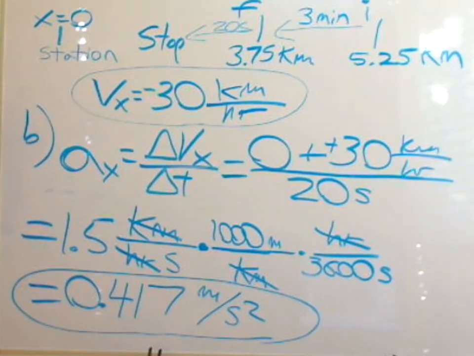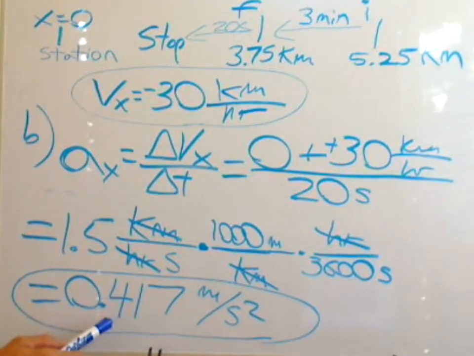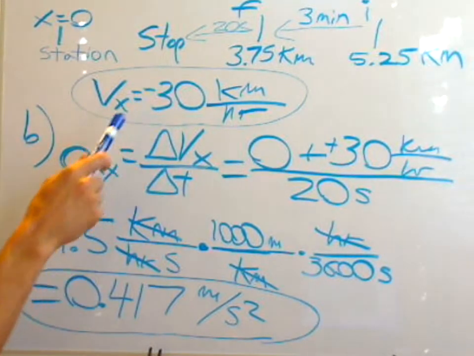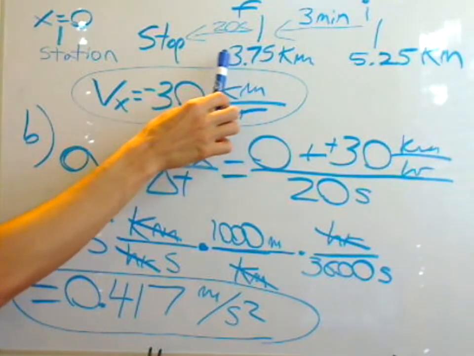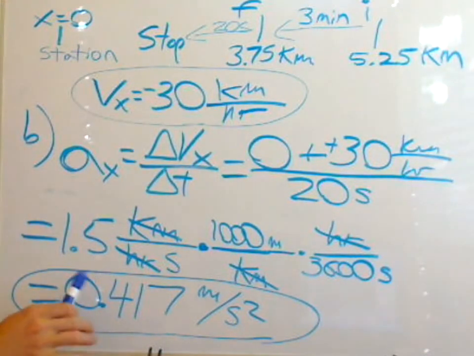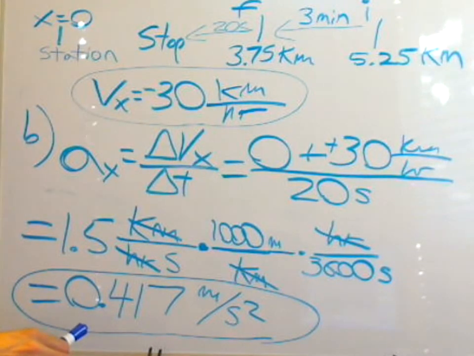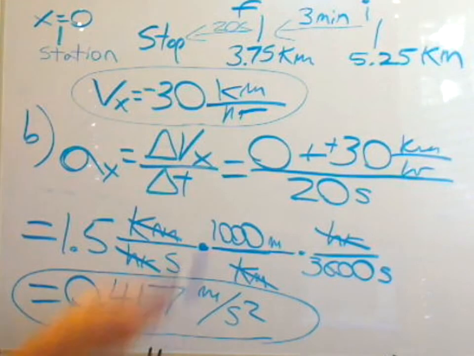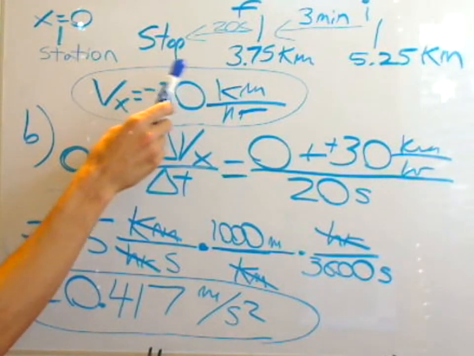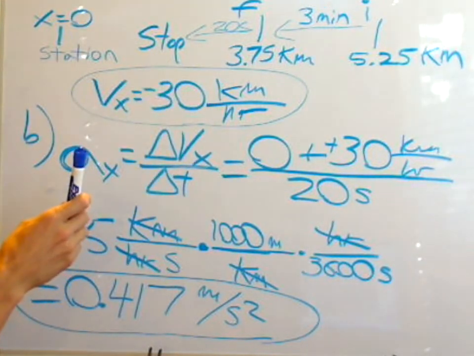So if we look at these results here, we have a positive acceleration. However, the train was slowing down to a stop. This is just another illustration that acceleration doesn't necessarily have to be positive or negative for your object to be speeding up or slowing down. Here's a situation where we have a positive acceleration, but the train is actually decelerating.